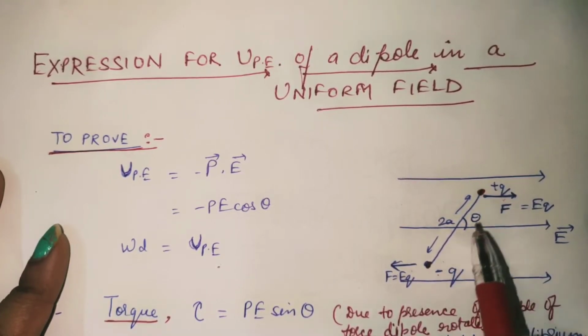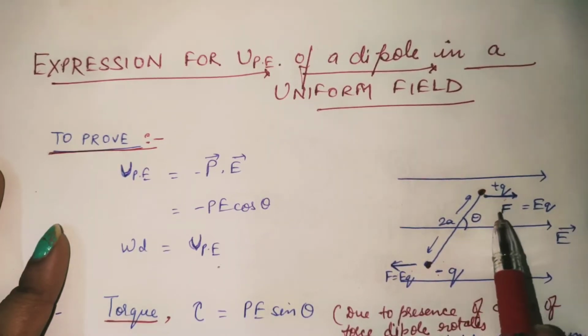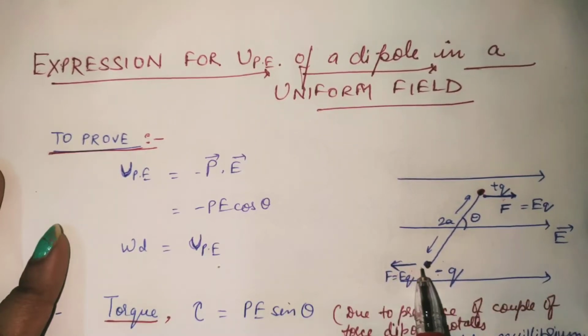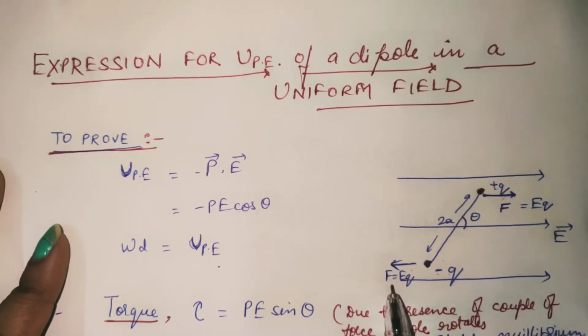It is the property of a dipole that the force exerted on the positive charge is always aligned to the direction of the electric field, and the force exerted on the negative charge is always opposite to the electric field. The force on a charge is given by E dot Q, meaning the electric field multiplied by the value of the charge.